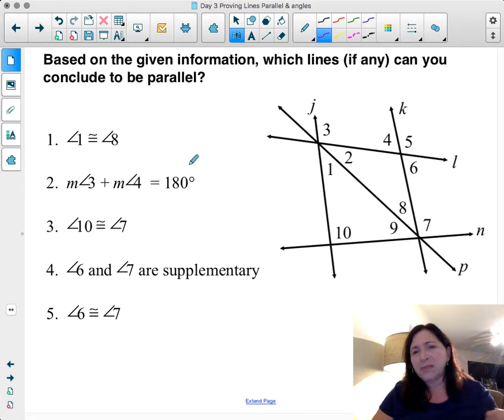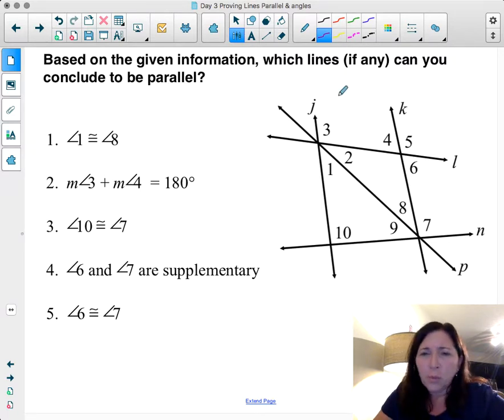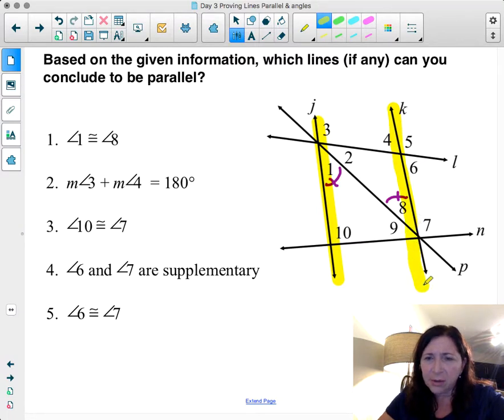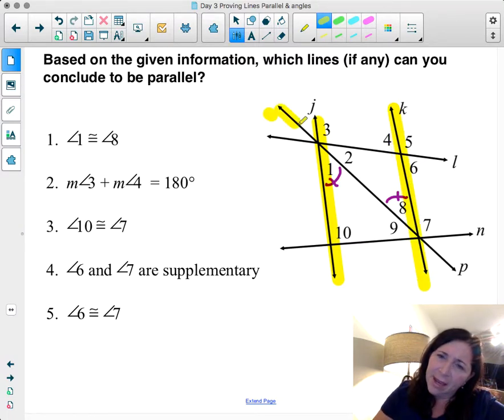So based on this information for this next slide, which lines, if any, can you conclude to be parallel? Let's start off with angle 1 congruent to angle 8. If 1 was congruent to 8, that would mean that this line right here would have to be parallel to this line right here, because that gives us this line as a transversal.